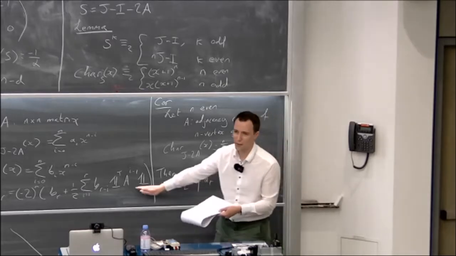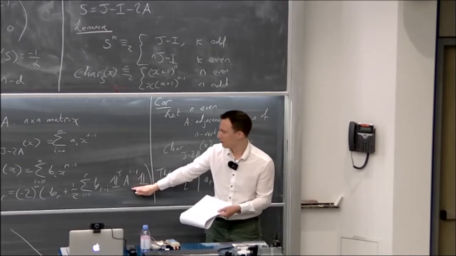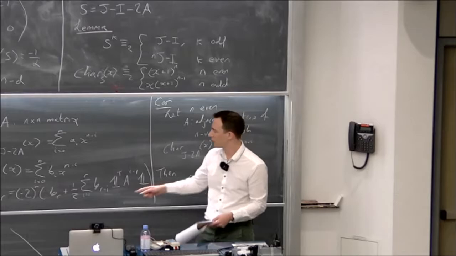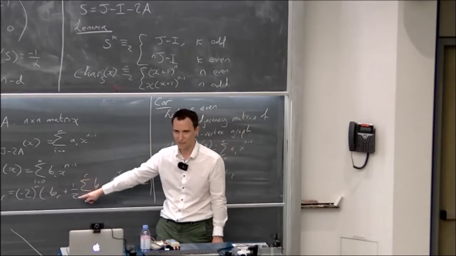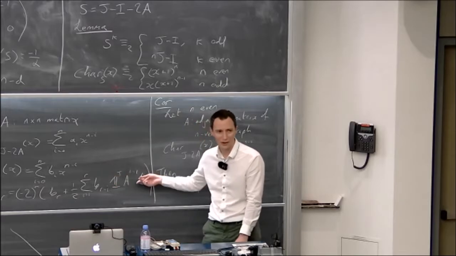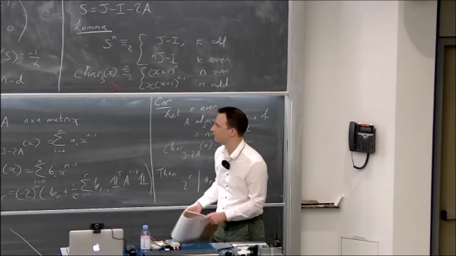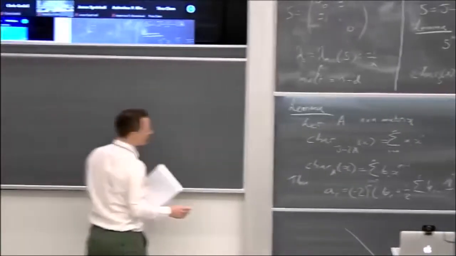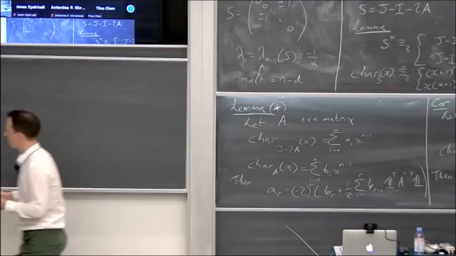Okay, so now we think about how we get this conclusion. Well, it almost comes immediately from this, because we have this big 2 factor at the beginning. The only thing that causes us trouble is this half. So what we need to do is show that this thing here is even. So how can we do that? Let me give this lemma a name, lemma star. We'll just prove this corollary.